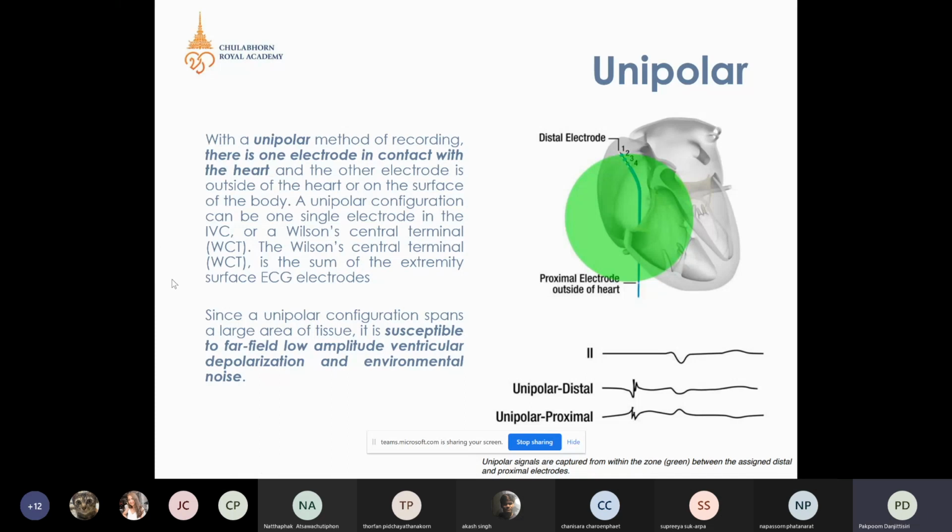Since a unipolar configuration spans a large area of tissue, you can see the green one here. This is showing the area from which unipolar receives the signal from electrical tissue inside the heart.